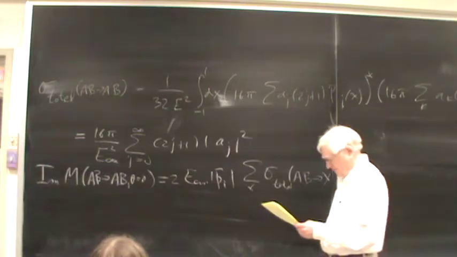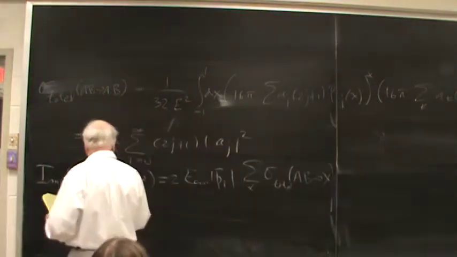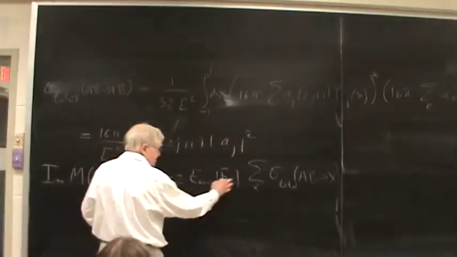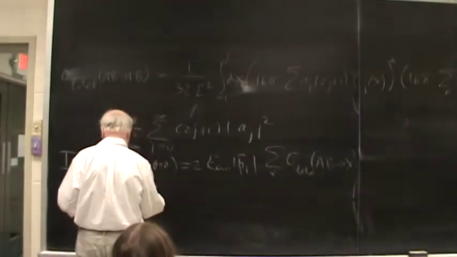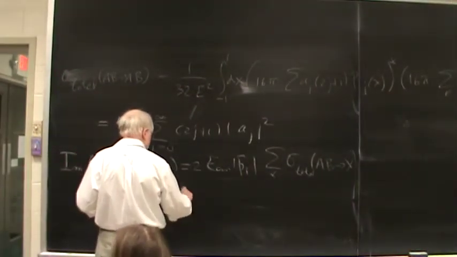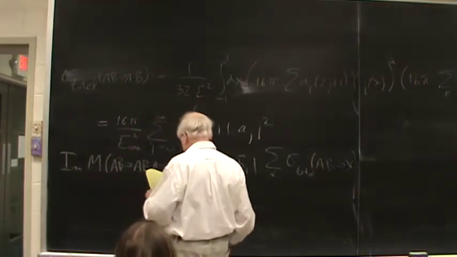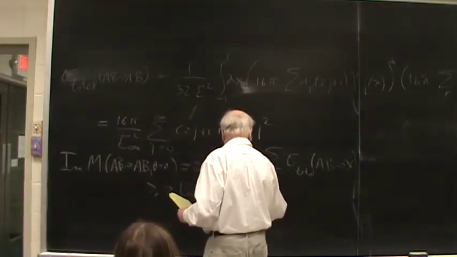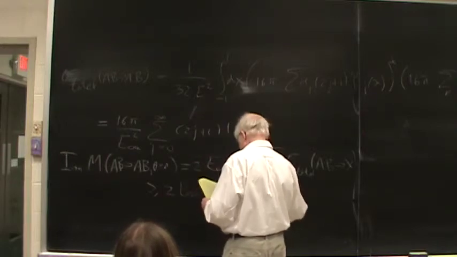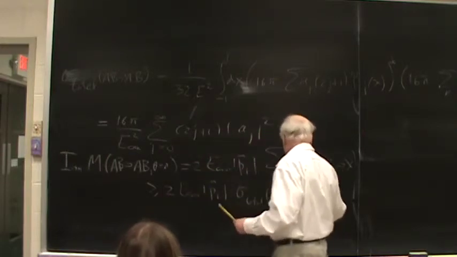And that's the optical theorem. And now, of course, this sum over all final states is greater than or equal to e center of mass momentum, any particular total cross-section of, for example, AB goes to AB.